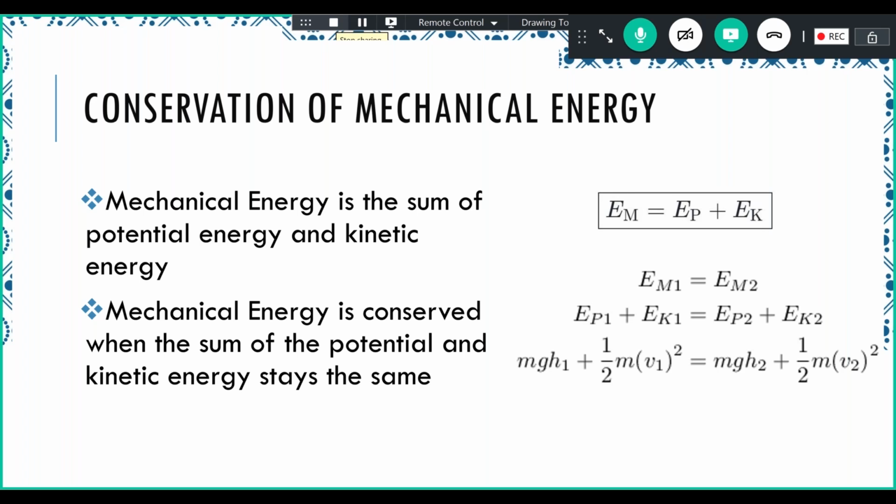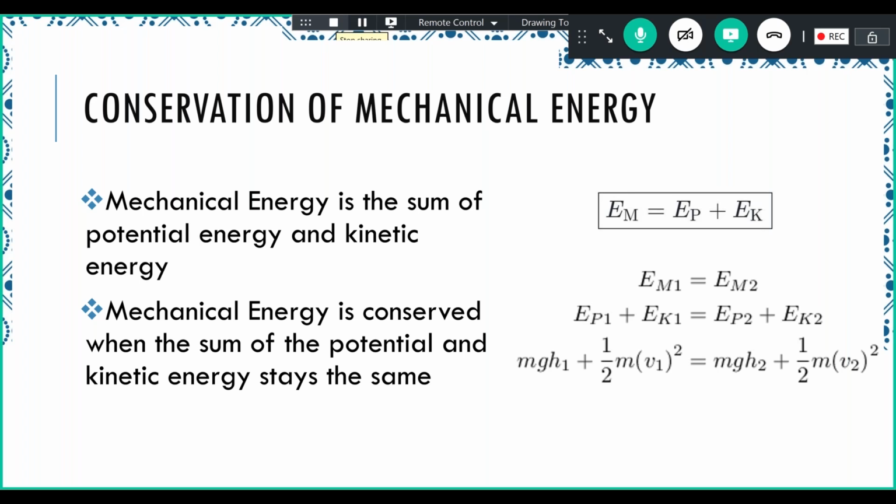So if you see on the right-hand side, we're saying initial mechanical energy equals final mechanical energy, where 1 is for initial and 2 is for final. If we break it down into its sums of potential and kinetic energy, the initial potential energy plus the initial kinetic energy equals the final potential energy plus the final kinetic energy.